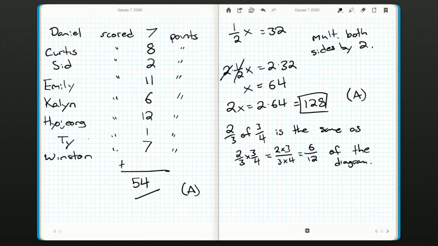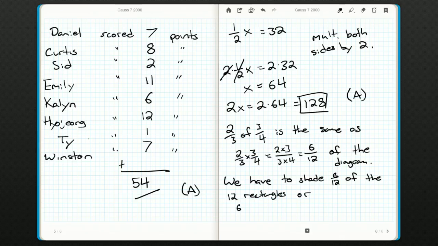Well, how many squares do we have? Or not squares, rectangles. So we have to shade 6/12 of the 12 rectangles.